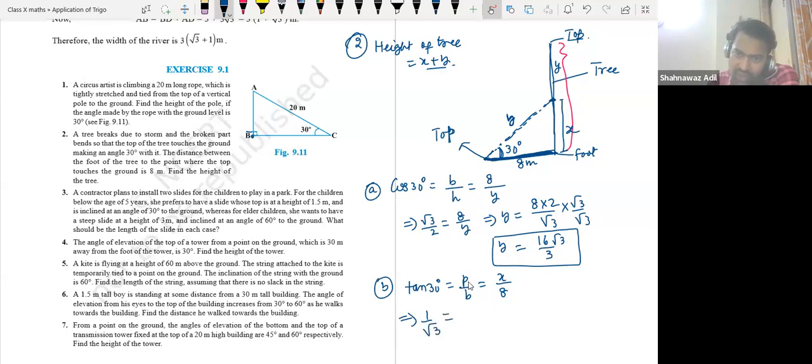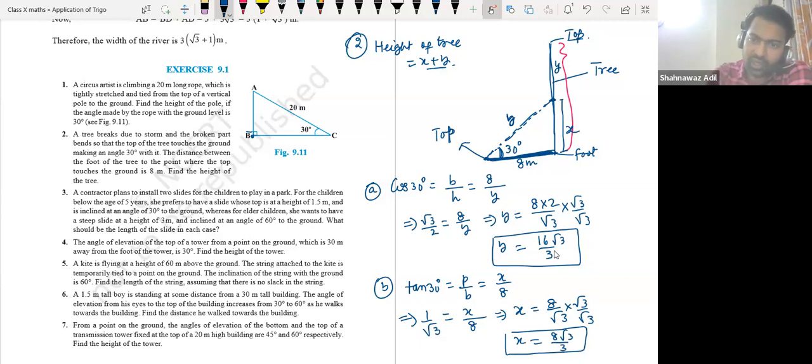So this is x, this is 8. So x would be 8 by root 3. So multiply by root 3, divide by root 3. So 8 root 3 by 3. So this is our x.